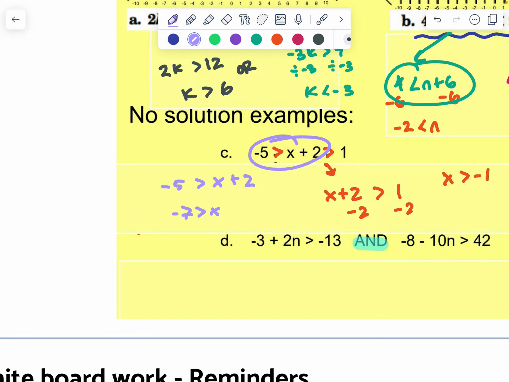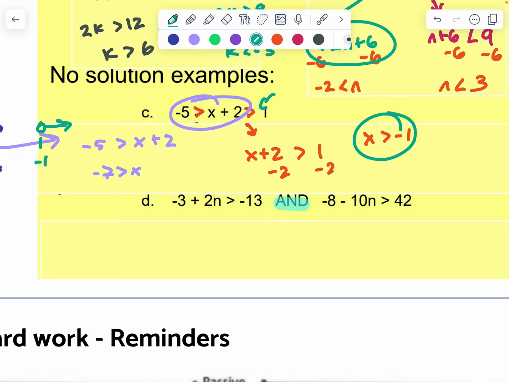That's not possible. If I were to graph this on a number line, just to show you a quick sketch, this one would go that way, and this one would go that way. It looks like an or, but it's written like an and. No solution. There's nowhere that this guy overlaps. Again, written like an and.